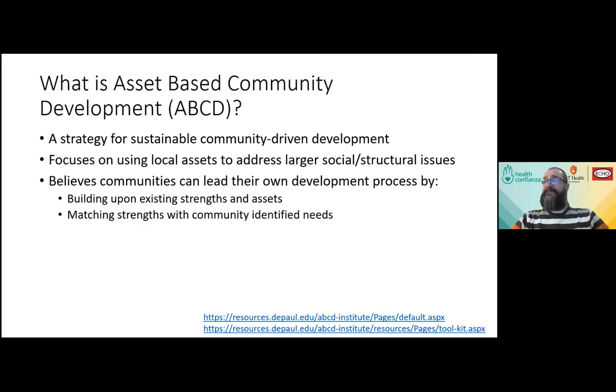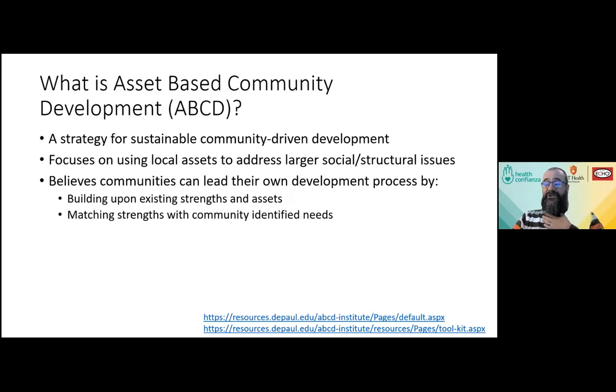And it really focuses on identifying and using local assets to address those larger structural or social issues. And ultimately, to do asset-based community development, you have to have a belief in people and that everybody knows something and has strengths, because we have to build from there with the idea of matching strengths to community identified needs.